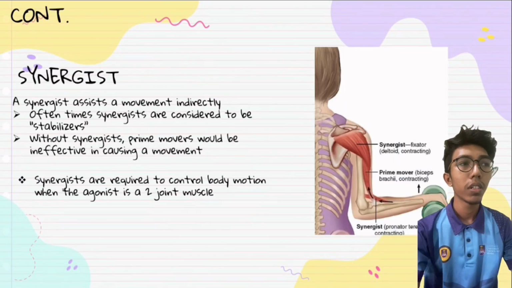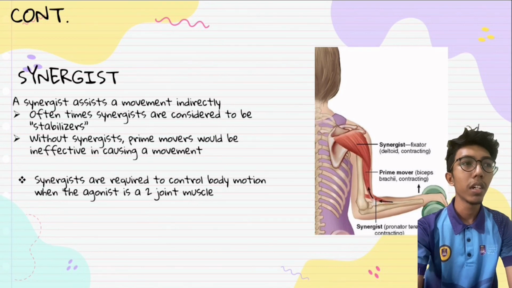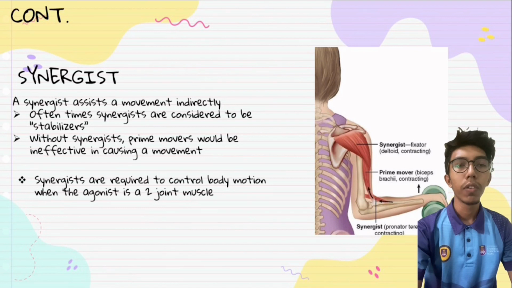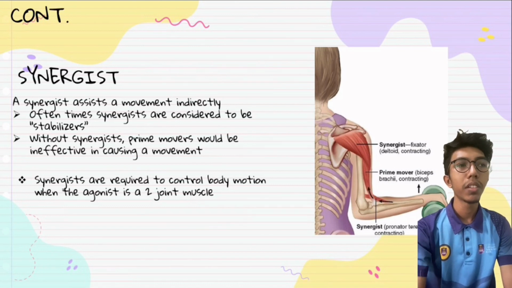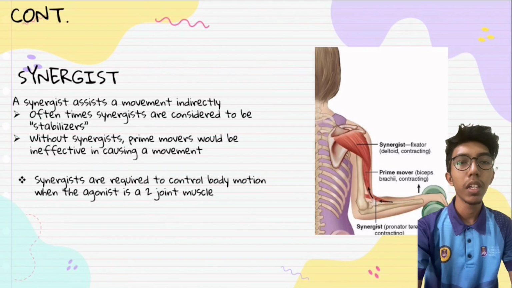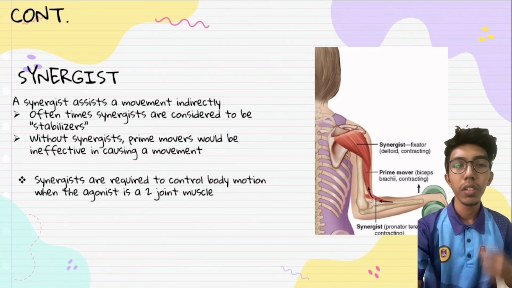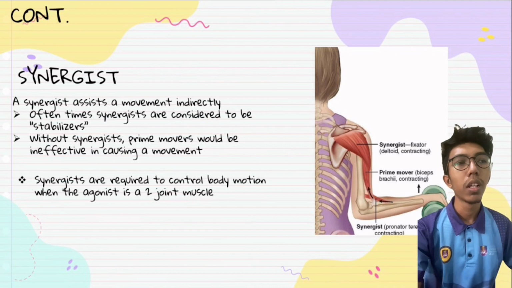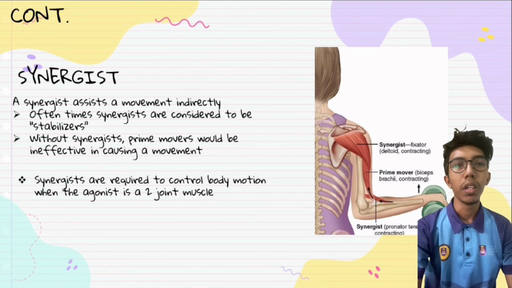The synergist assists a movement indirectly. Oftentimes synergists are considered to be stabilizers. Without synergists, prime movers would be ineffective in causing a movement. Synergists are required to control body motion when the agonist is a two-joint muscle.